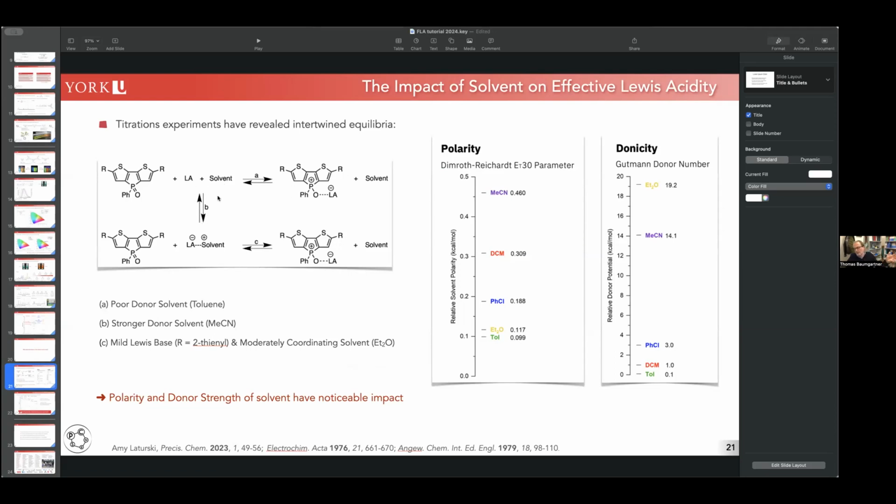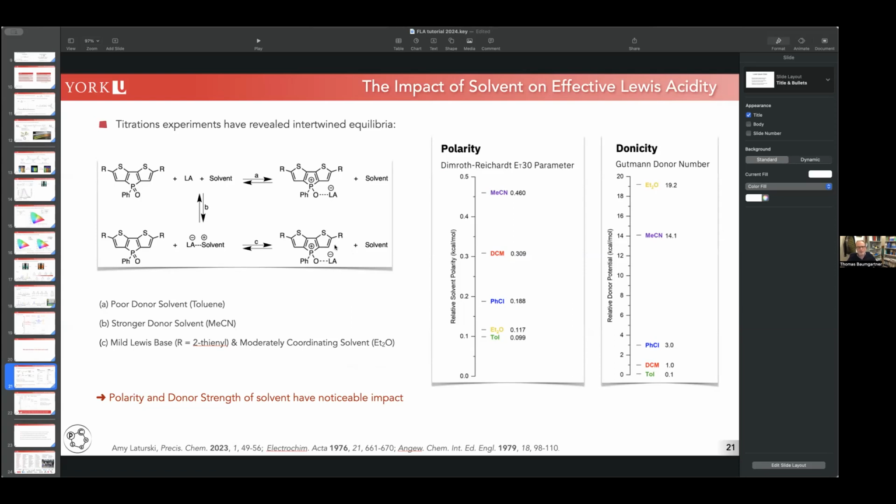Taking your example, I would assume that magnesium chloride is a strong interaction and will probably quench the Lewis acidity, whereas with magnesium iodide you would probably have more MgI plus as a Lewis acid in solution.